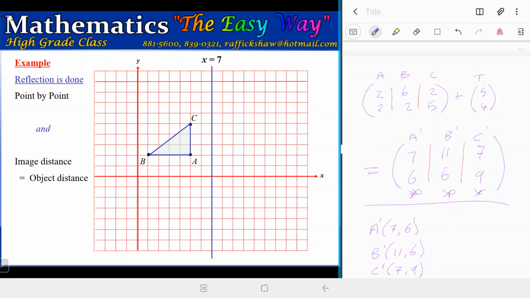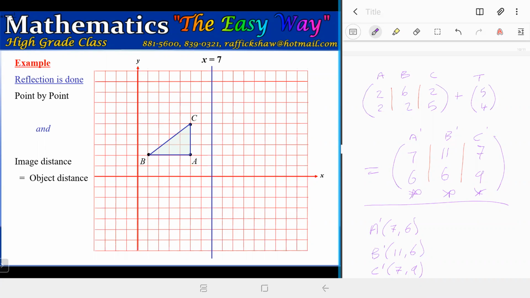Let me say it again. Don't try to transform the entire object all at once. Don't try to draw the image all at once. Just transform each point, one point at a time. And when you have all the points in place, then you draw the image. So do it one point at a time.